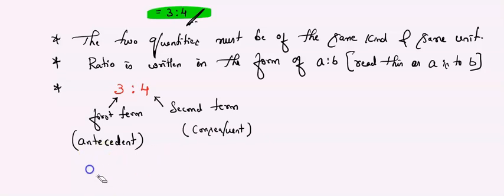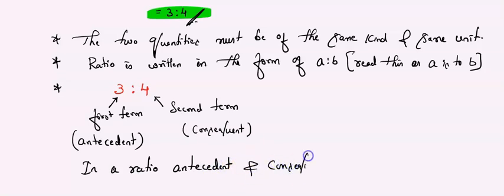Remember, in a ratio antecedent and consequent are coprime. Remember this. Done? Good.